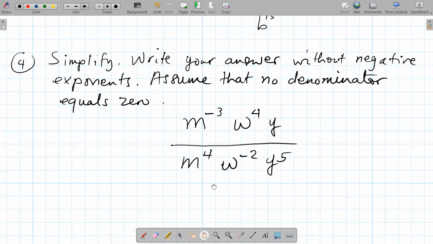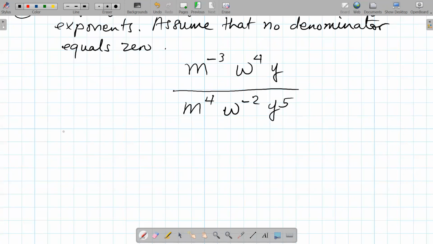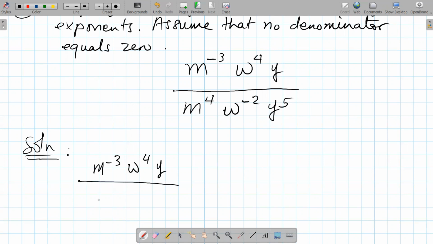So here we go. How do we simplify this? Solution. So m to the negative 3, w to the 4, y, divided by m to the 4, w to the negative 2, y to the 5.